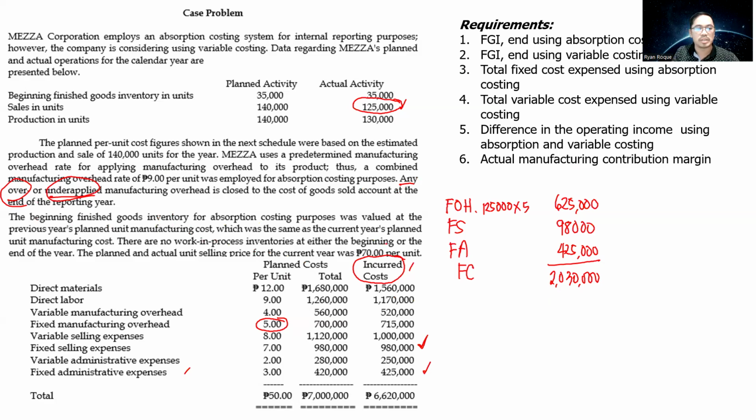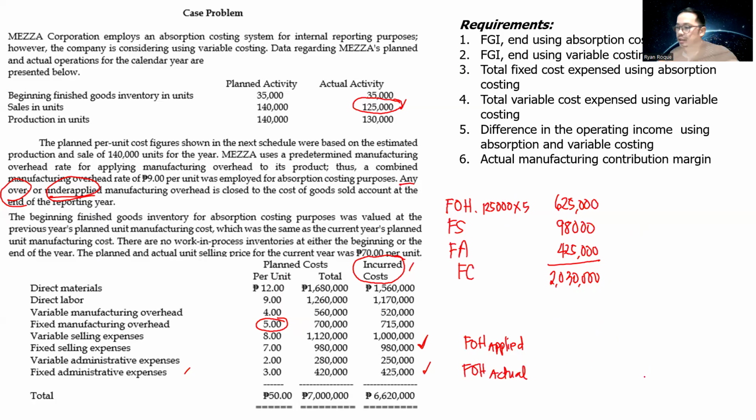But remember, we have this statement that any over or under applied would be closed to cost of goods sold, or in other words, if there is under or over applied, we're going to expense immediately. If this is under applied, meaning we estimated less, therefore we are going to add. But if this is over applied, we have to deduct. So how do we get the over or under applied? How much is the FOH applied and how much is the FOH actual?